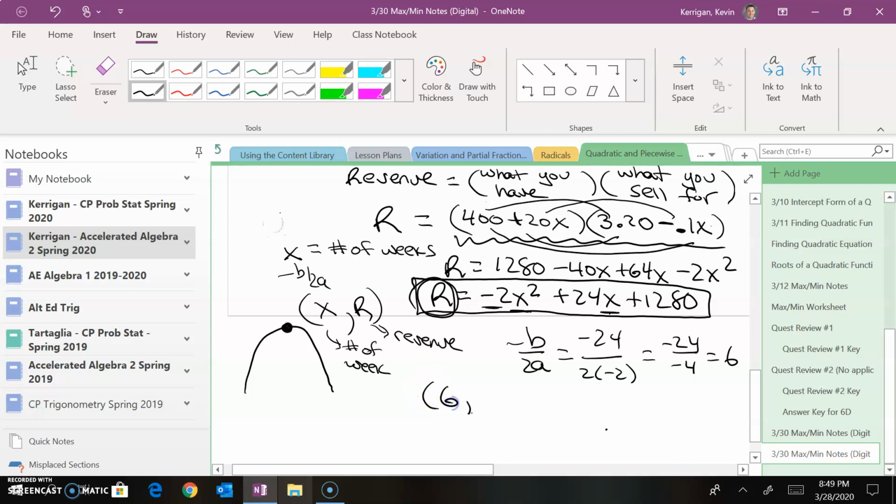So that x value of the vertex should be 6, which means she should wait 6 weeks in order to maximize her revenue. Now, that actual revenue, the amount of money she would be bringing in after waiting 6 weeks, you're just taking R and plugging 6 right in for x.